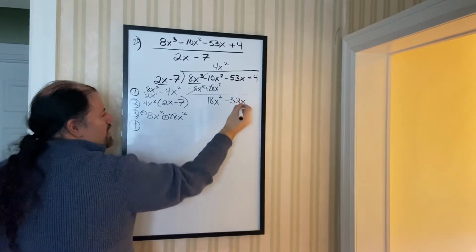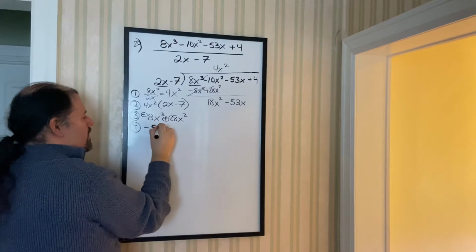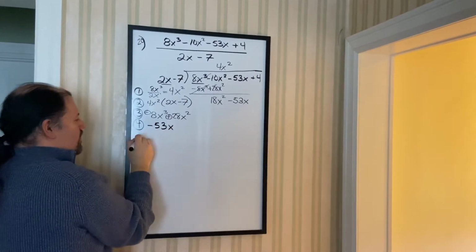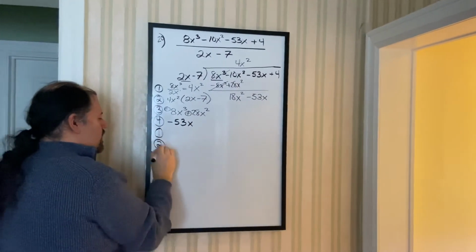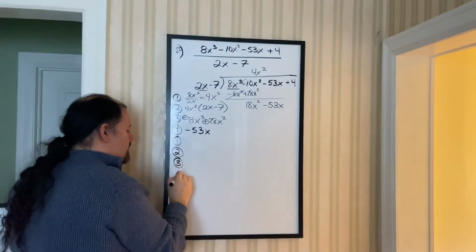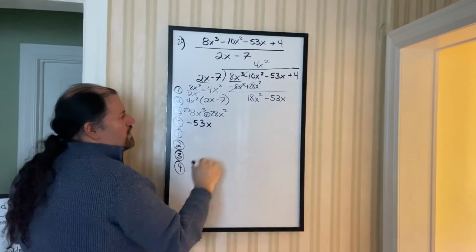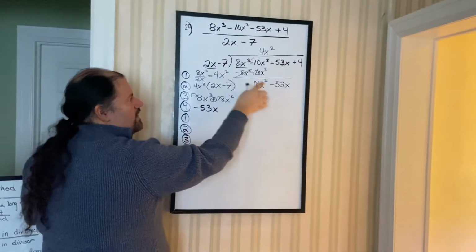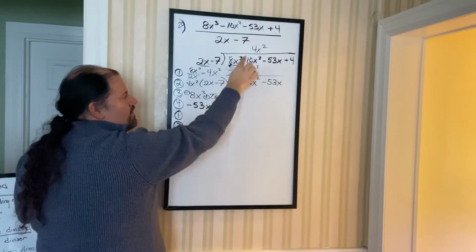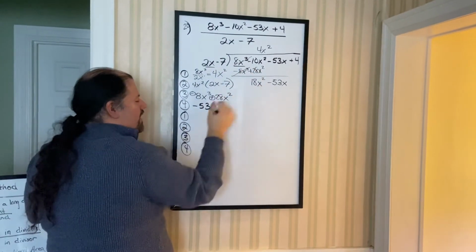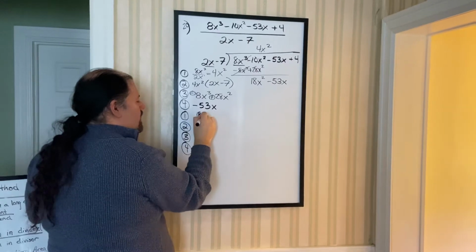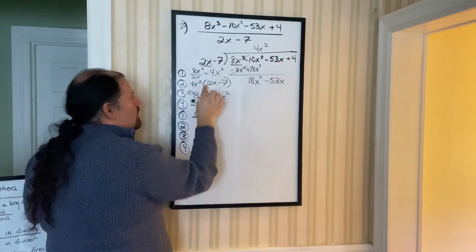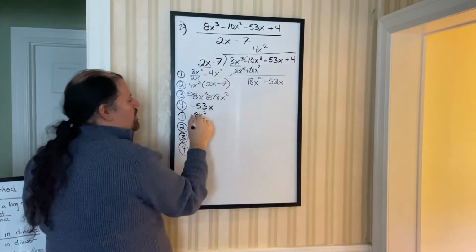Since we did bring down a term, you know that means we have to repeat those 1, 2, 3, 4 steps again. So we're going to divide first term with first term again. Remember, the x cubes are gone, so our first term now is x squared. So 18x squared over this same 2x.